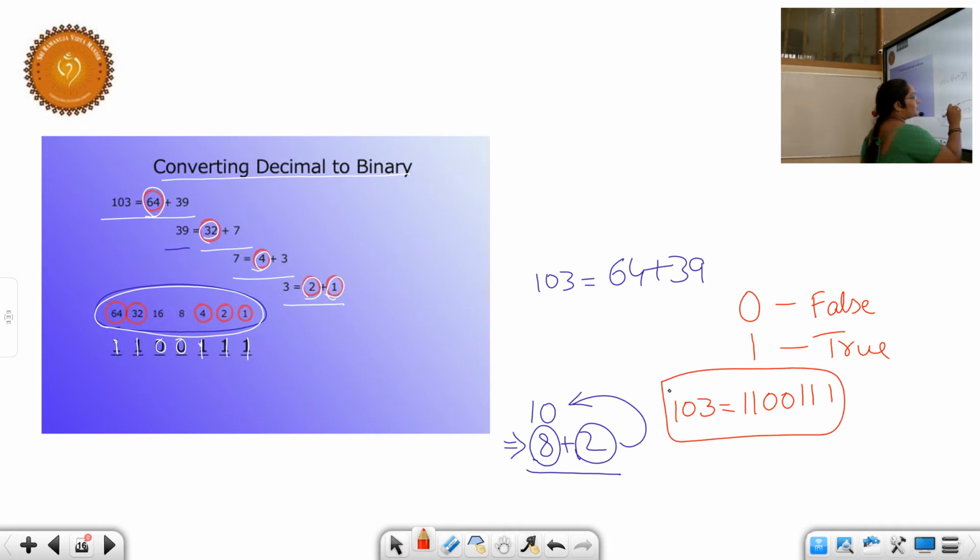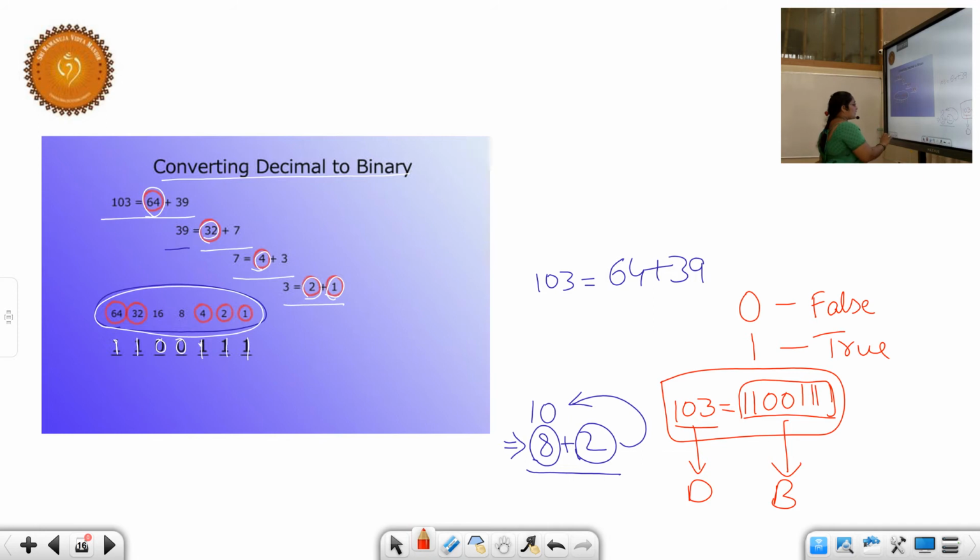So this is the binary value of 103. This is a decimal number, and by converting it into binary format, the code will be in this format.